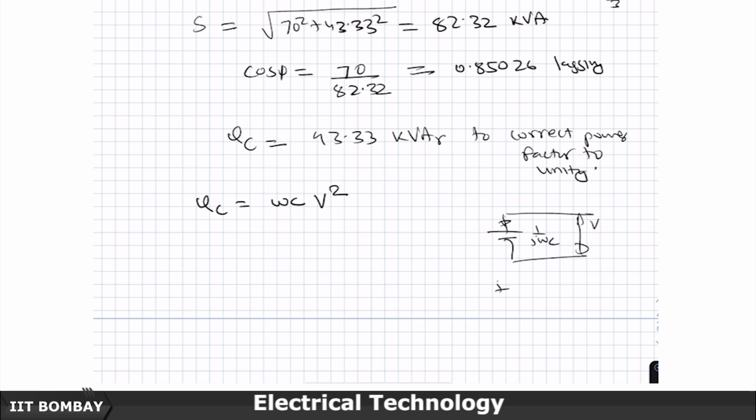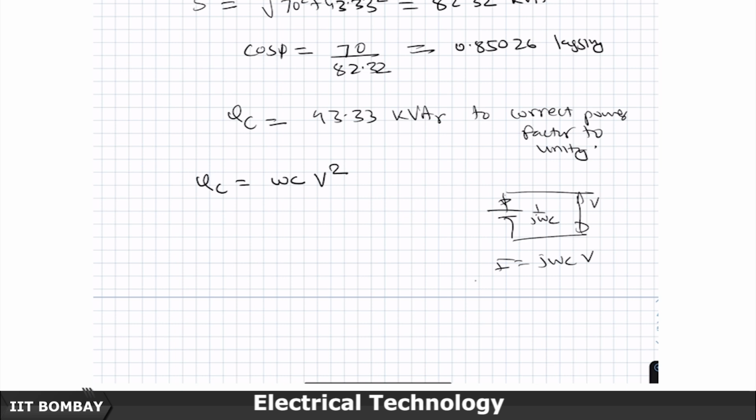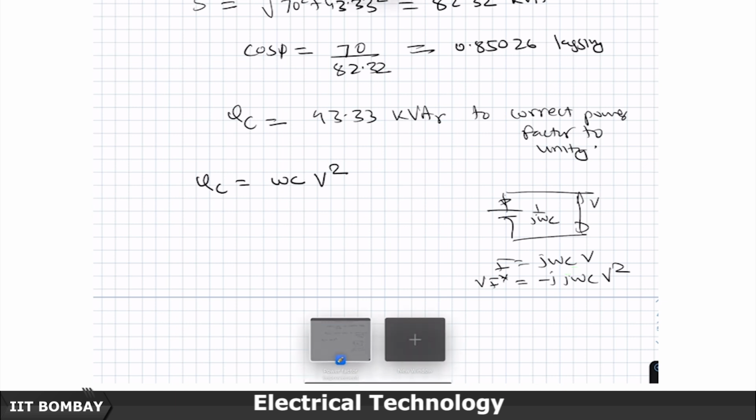So, the current is equal to j omega C V, and so if you do V I star, it is minus j omega C V squared. This minus only indicates that it is capacitive in nature. But the only thing that I am interested in is actually the magnitude of it, which is omega C V squared.